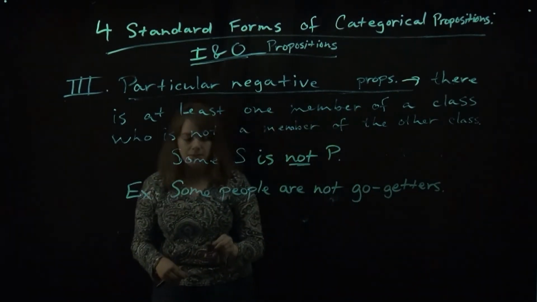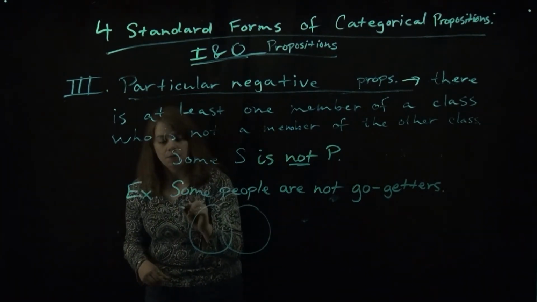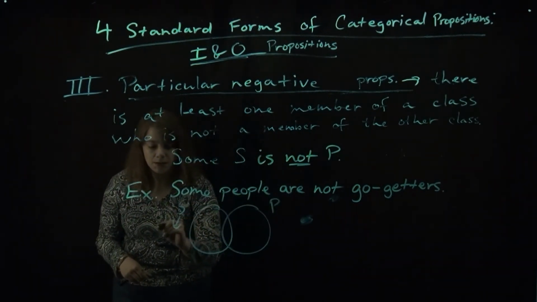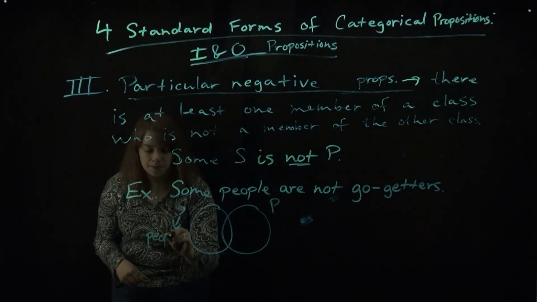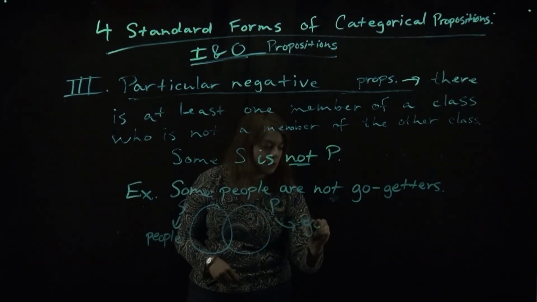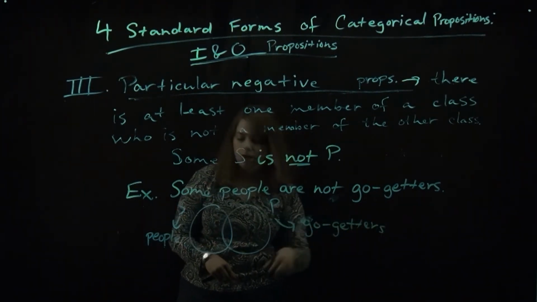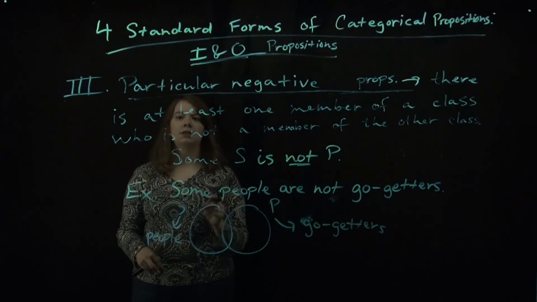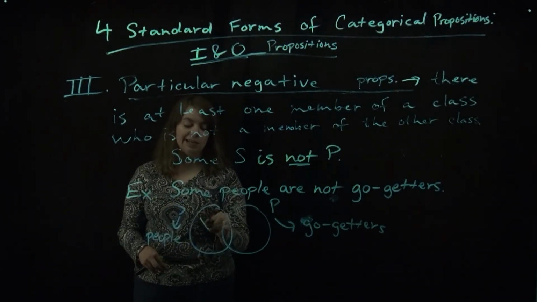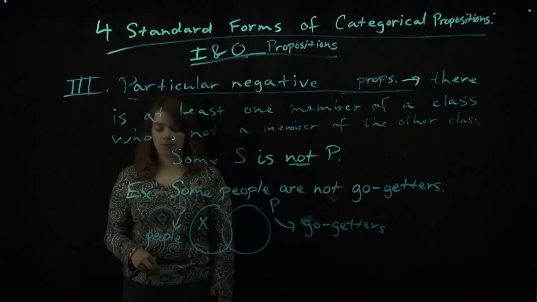Okay. So again, with our Venn diagrams, with people being the subject and go-getters being the predicate, we can then say that there's at least one member of the class of people who is not a member of the class of go-getters, right?